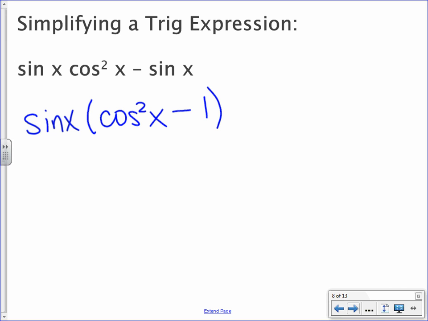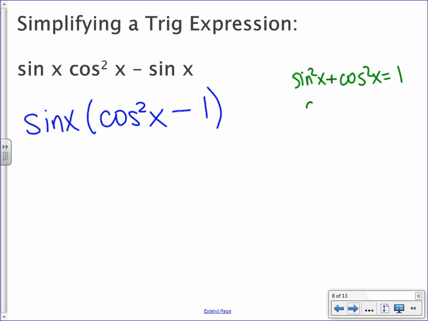Okay, now we can look for substitutions. Cosine squared minus 1. Let's go back. We have a trig identity that involves cosine squared and 1, don't we? We have sine squared plus cosine squared equals 1. So cosine squared minus 1.